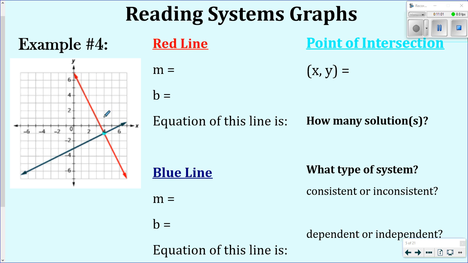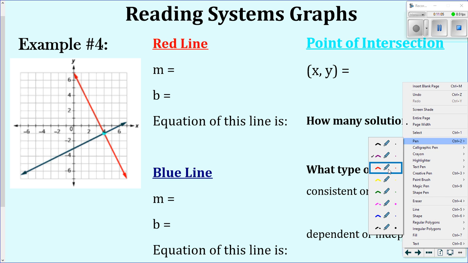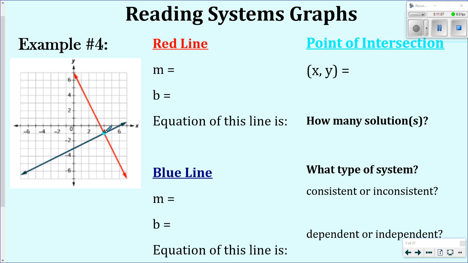So look at the red line, let's look at the m. Let me use red. They already have a point here. I'm going to find another one that is at the intersection of the two axes. Then I'm going to go down 1, 2, 3, 4. So -4 over 2, rise over run, and that's the same as -2.